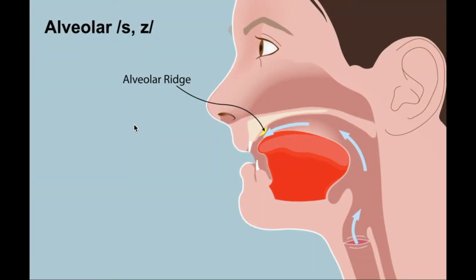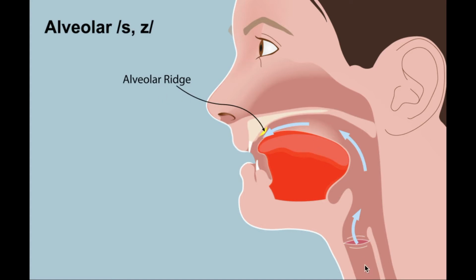Okay, so let's start with the S sound. As you can see, the S sound is described as alveolar. And that's because the point of articulation happens between the tip of the tongue, or the blade just behind, and this hard bit of tissue here called the alveolar ridge, which is found just behind the upper teeth.